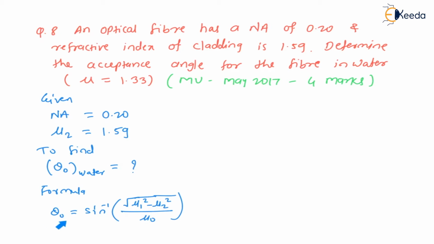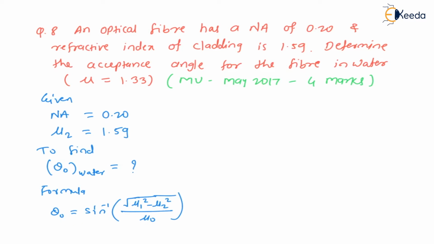If you observe this formula carefully, we know mu2, the refractive index of cladding, but we don't have mu1, the refractive index of core medium. So first we have to find the refractive index of core medium, and then we'll go for the acceptance angle theta naught.